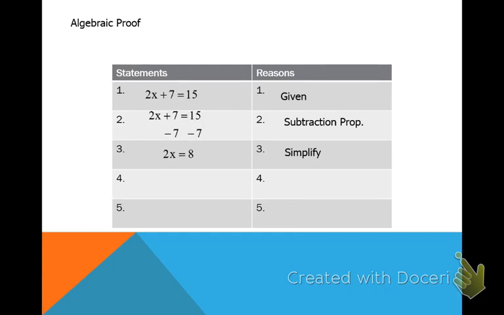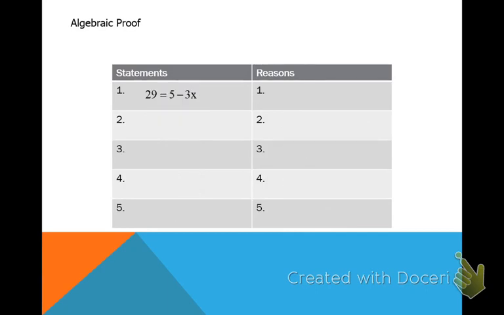Then we all know the next thing we're supposed to do is divide by 2 into both sides. What allows us to do that is what's called the division property. Again, it's a property that we're calling it what we're doing. And then we simplify: x equals 4. Now, you've got one more in here.